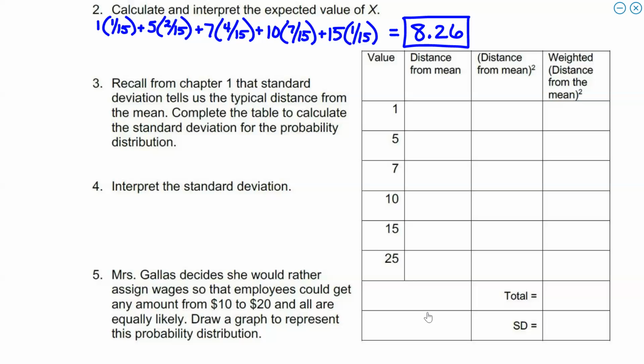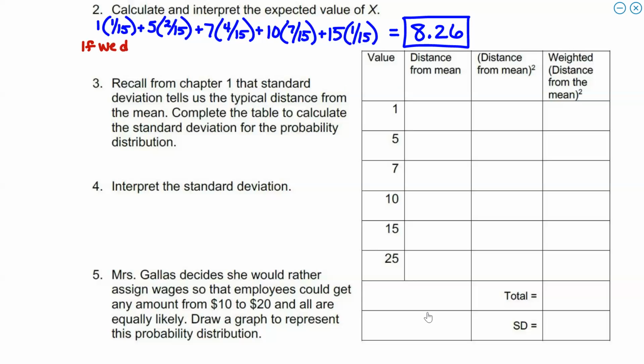What would this mean? Average wage per day. Yep, if we draw many, many, many wages out of this hat, where these are the possible amounts, the average wage is going to be about $8.26 an hour. Please make sure that you're getting that many, many part on there, because that is actually important.